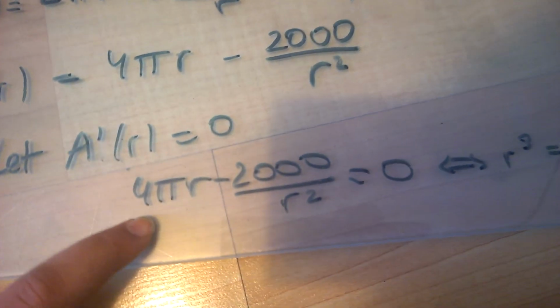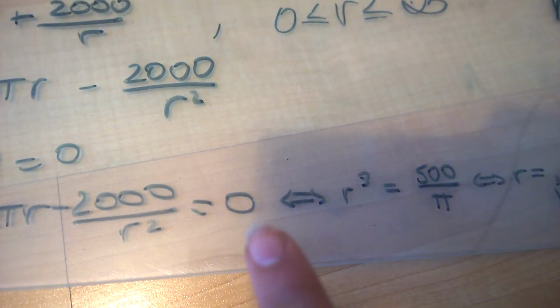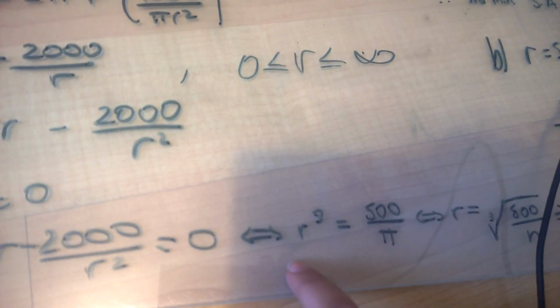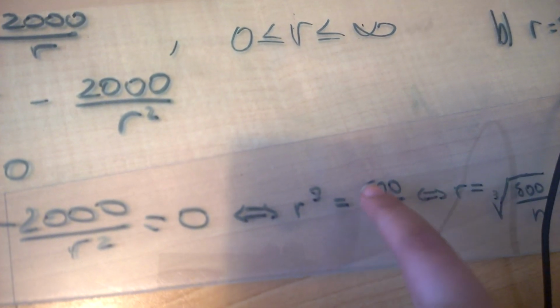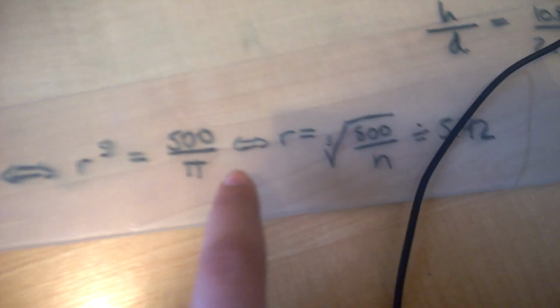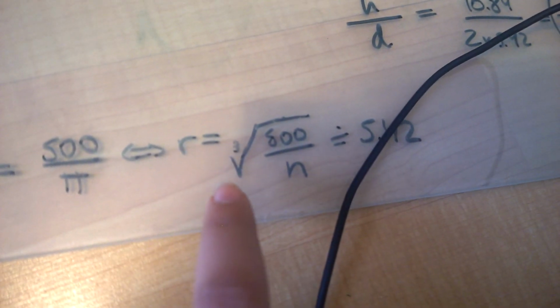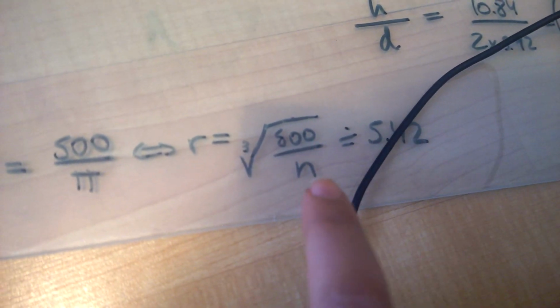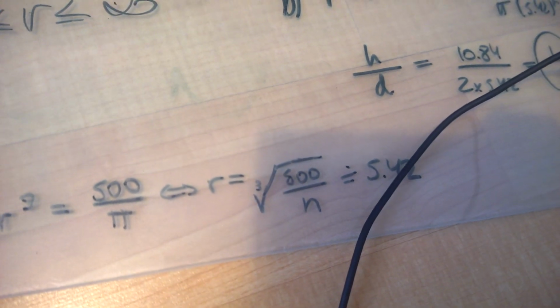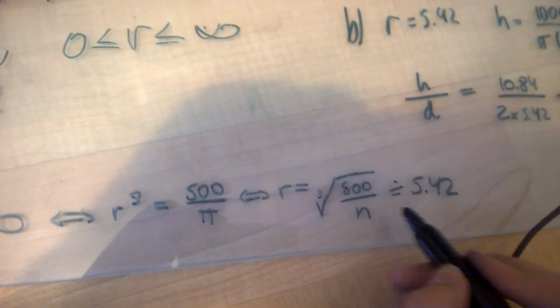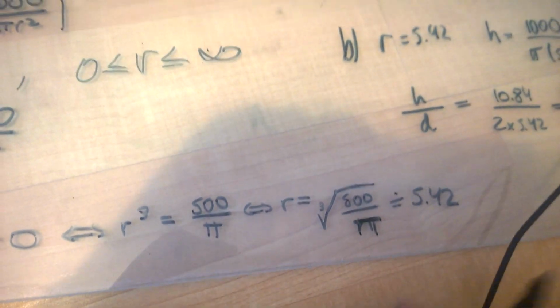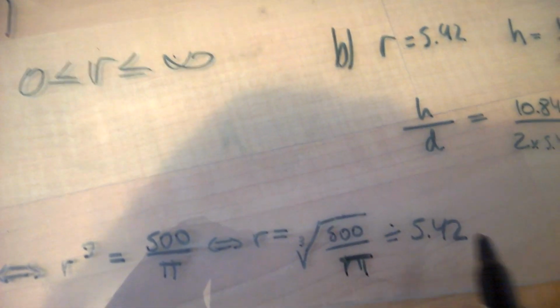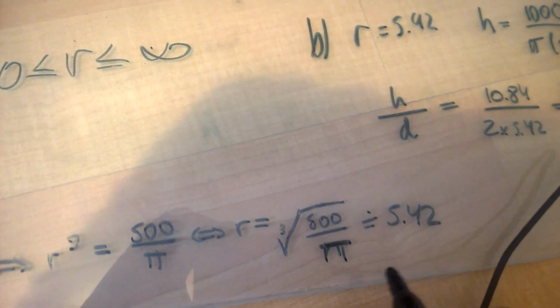Therefore, 4 pi r minus 2000 over r squared is 0. r cubed is 500 over pi, and finally r is the cube root of 500 over pi. I know that this looks like an h, but it's a pi. And this is approximately equal to 5.42.